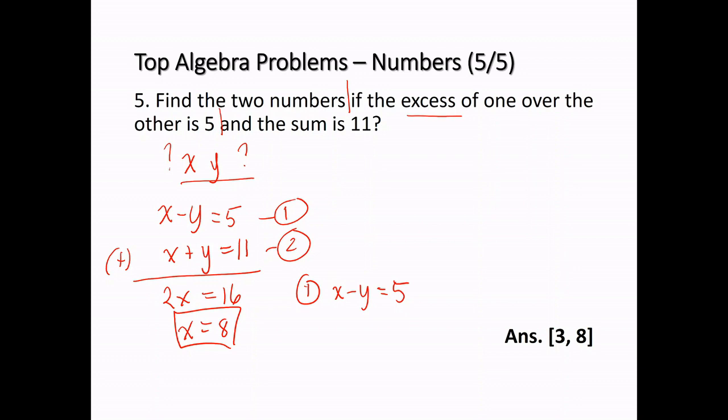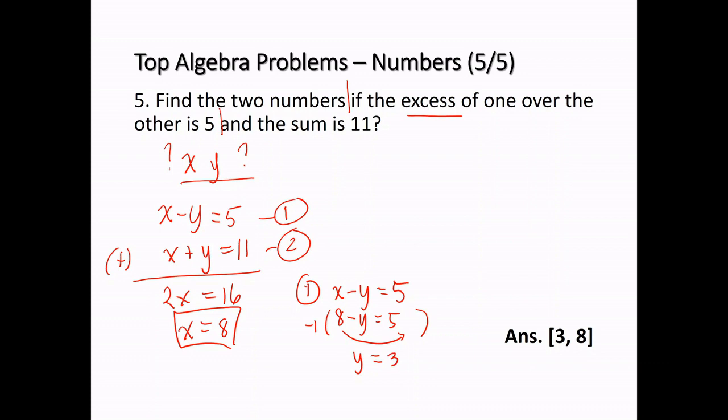So substituting x as 8, 8 minus y equals 5, and then you can transpose 8 to the other side, so it becomes negative 8. Then multiply both sides by negative 1 to make the y positive. Therefore y is equal to 5 minus 8, which is negative 3, so it becomes positive 3 by multiplying by negative 1.